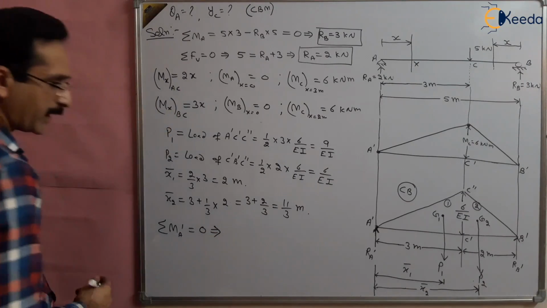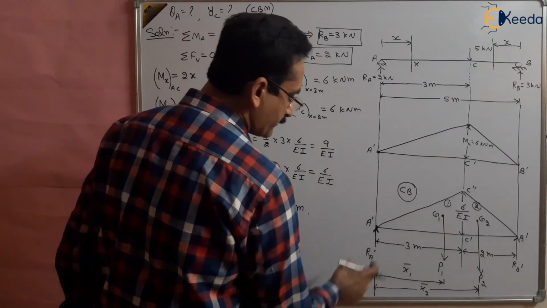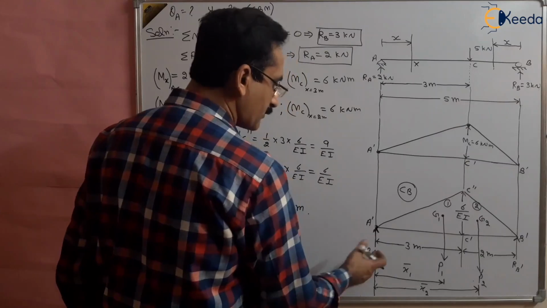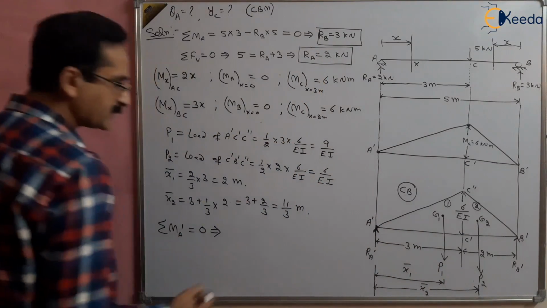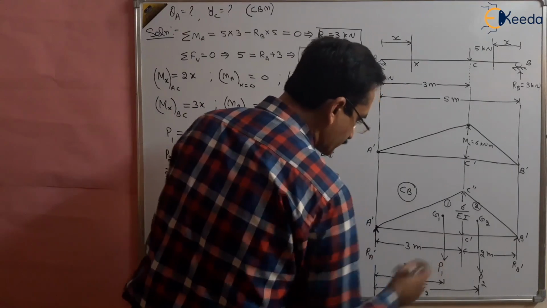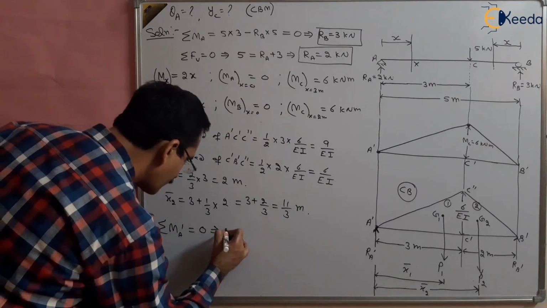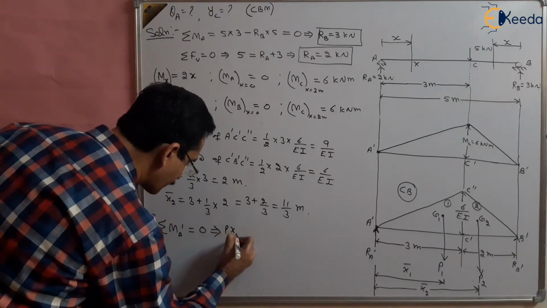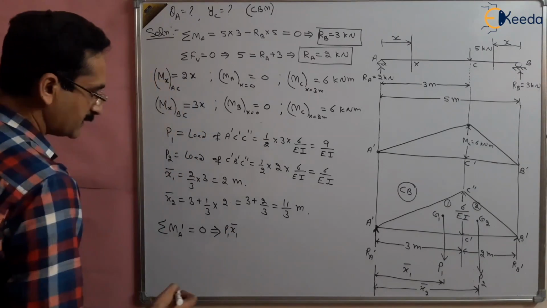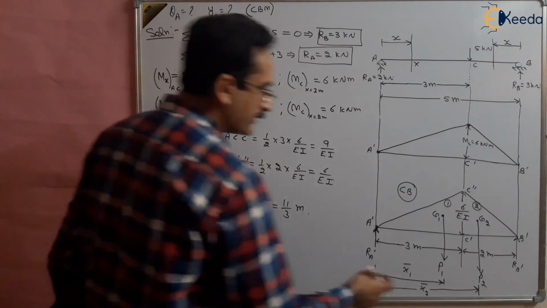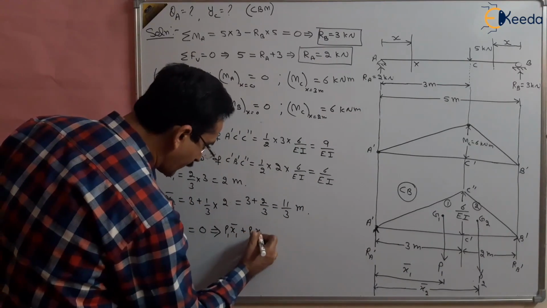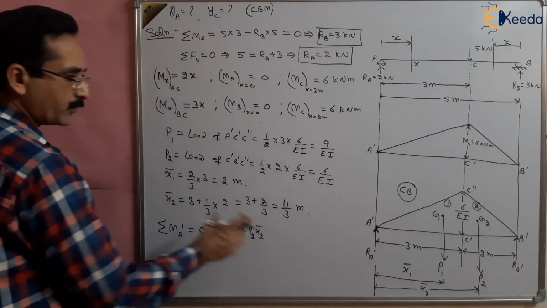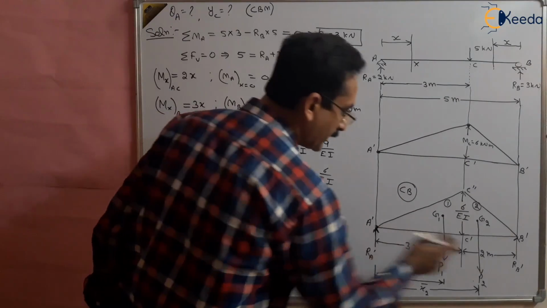The force RA dash passes through A, so it has no moment. P1 has a moment of P1 multiplied by x1 bar, say positive clockwise. Plus P2 multiplied by x2 bar, the moment of P2 about A dash, and then RB dash.